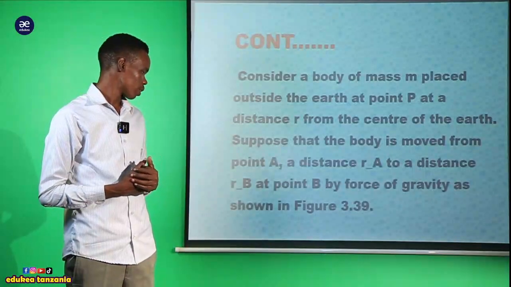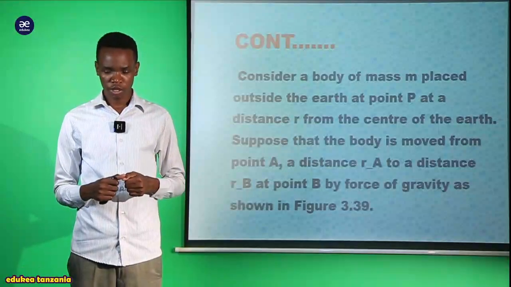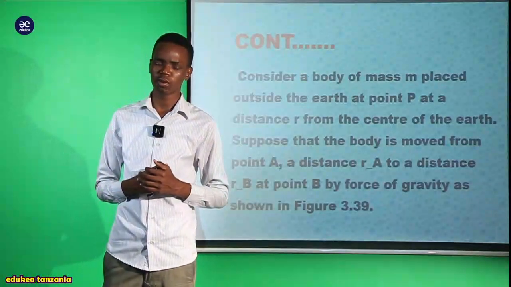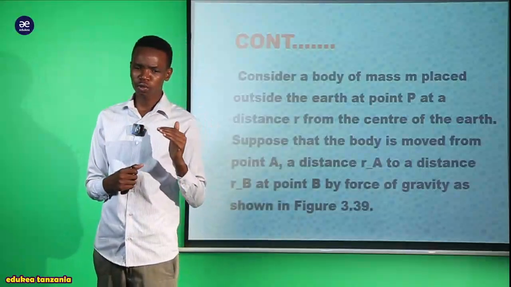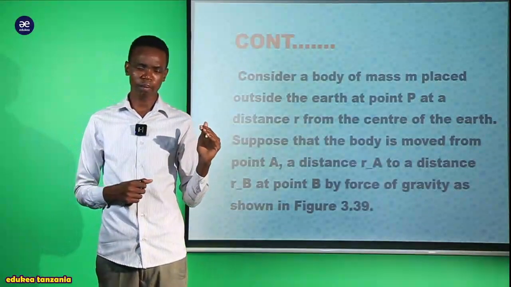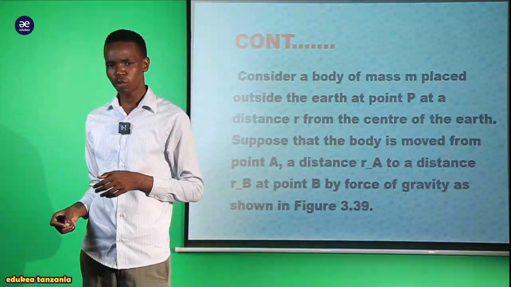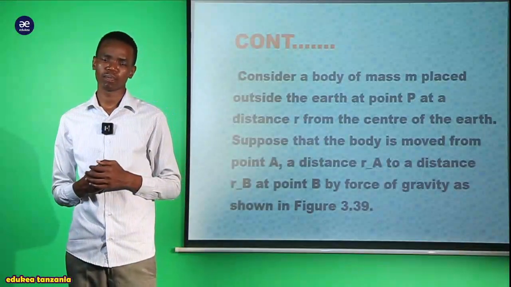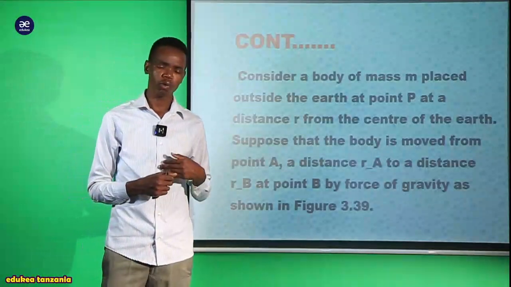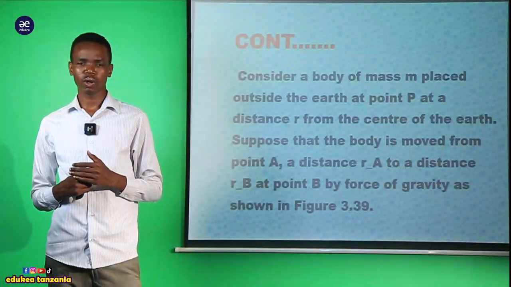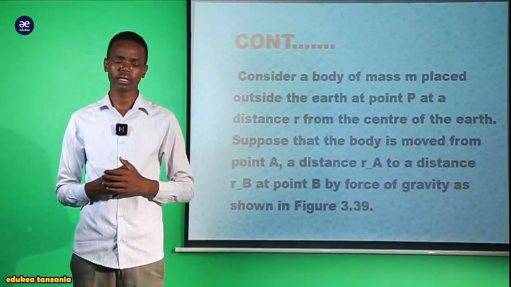But the force of gravity is shown in the figure. So what is the force that is required to remove it? In order to move that body from point A, at RA, up to point B, which covers the distance RB, we require a force. The force must be required so as to move from a certain point to another.